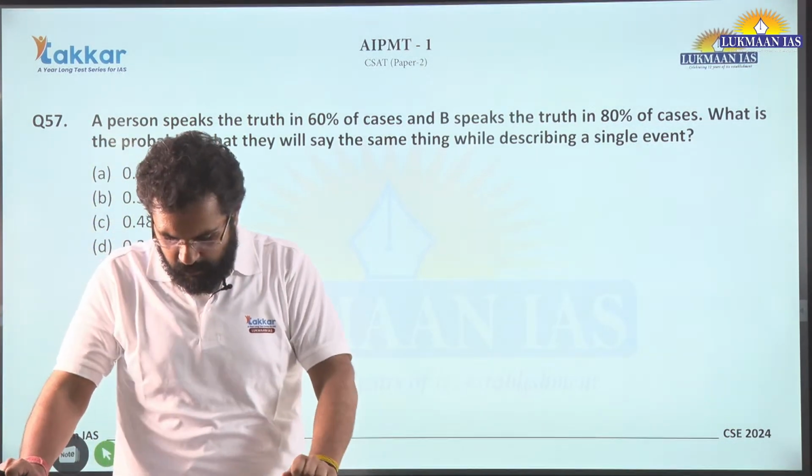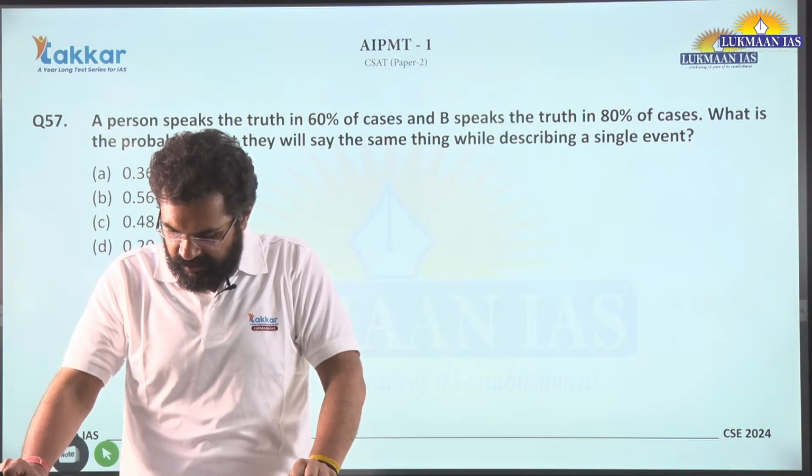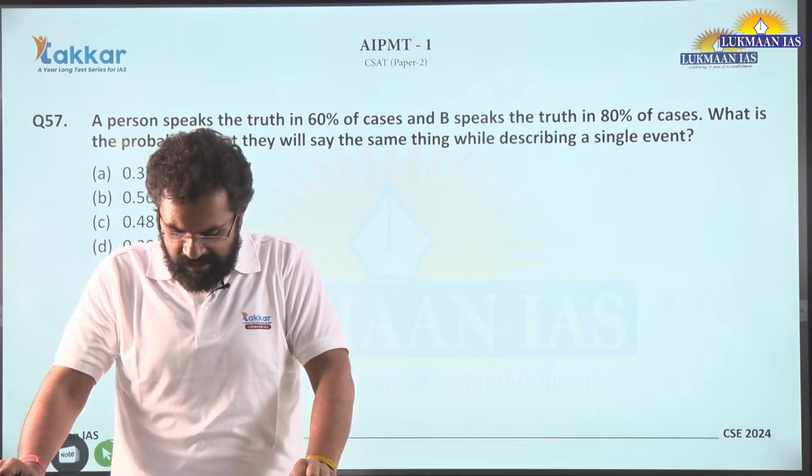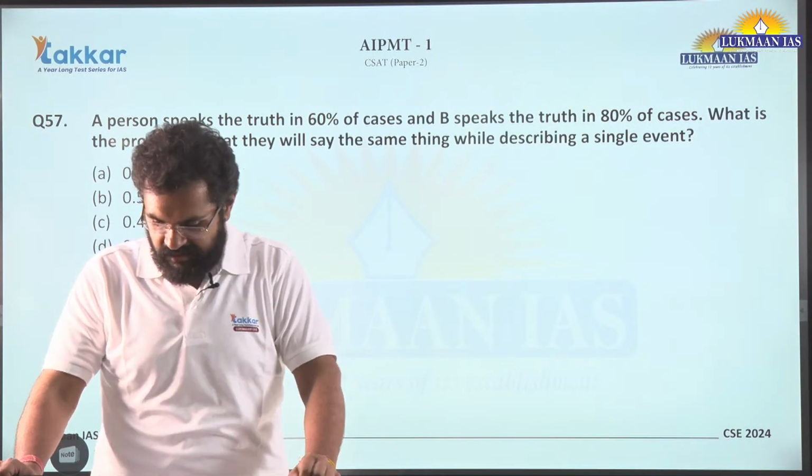A person speaks the truth in 60% of the cases and B speaks the truth in 80% of the cases. What is the probability that they will say the same thing while describing a single event?